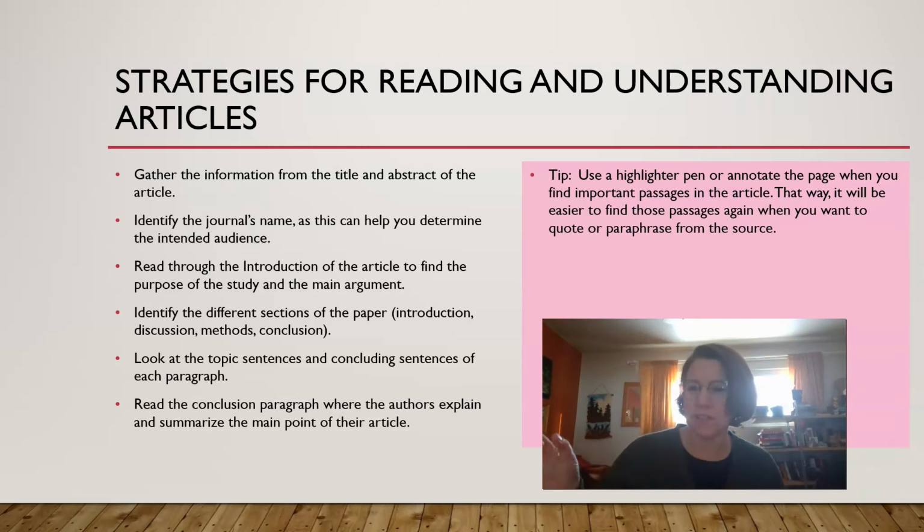If it's published in a nurses' journal, that tells us the intended audience is nursing students or people in the healthcare field. So you can get little clues about who would be reading this article from the journal name.